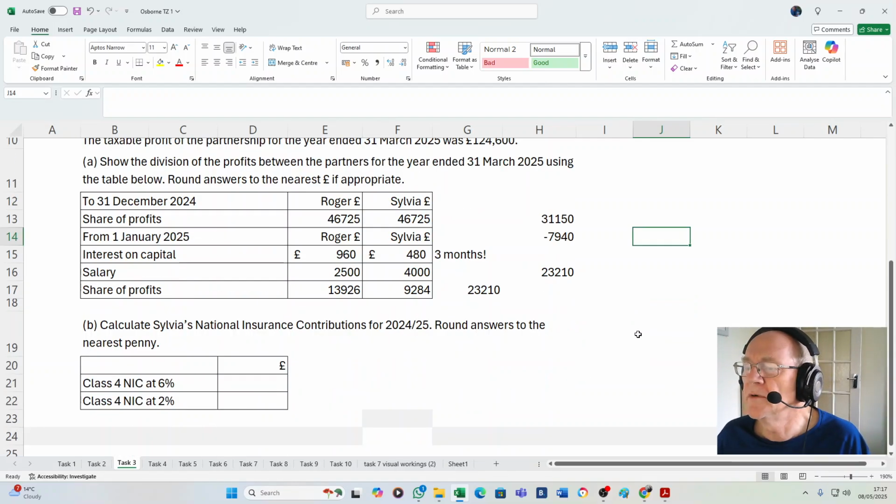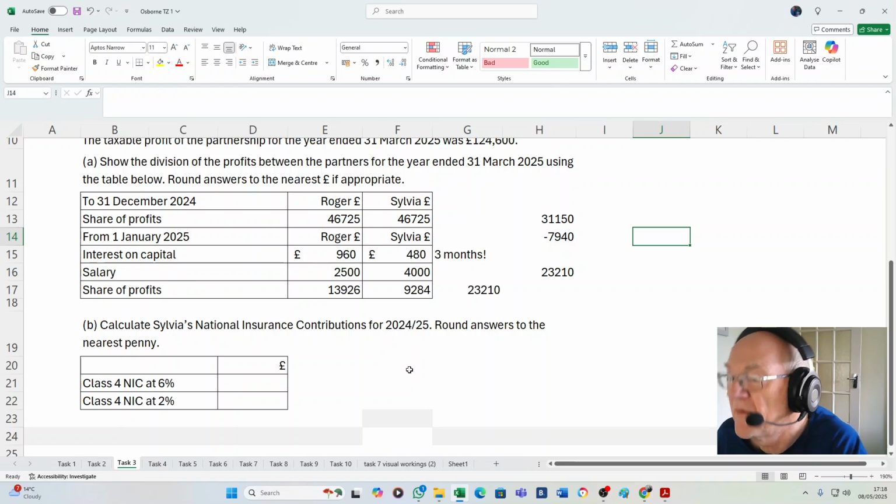Pretty predictable question. So her national insurance then, 424.25. So if a student was going to make a mistake on this, it's probably forgetting her original profits.